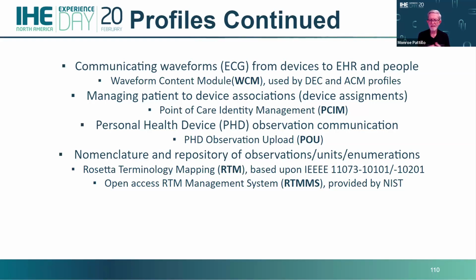All of the data items within the RTM based standards are available for open access, provided by NIST through a system called RTM Management System, or RTMMS. And that is actually the nomenclature that the Connectathon testing monitors use to confirm that that's the right way to communicate that particular observation or event. We also use the NIST test tools as testing monitors to look at the data that was communicated between the systems and confirm that it is in conformance with the particular profile.